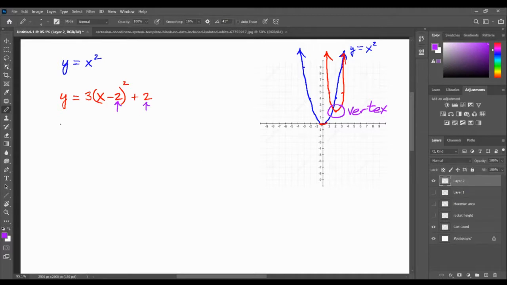So it turns out that our general function for these quadratics looks like that. And the vertex is at (h, k). That's the ordered pair that describes exactly where that point of inflection is. And for these parabolas, that is the minimum. The y value of that, the k, is the minimum.